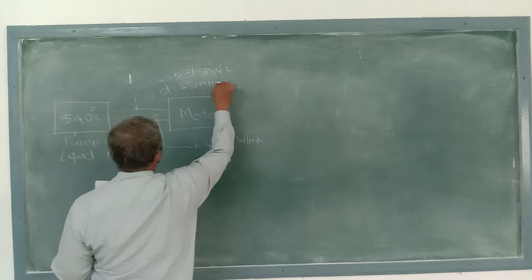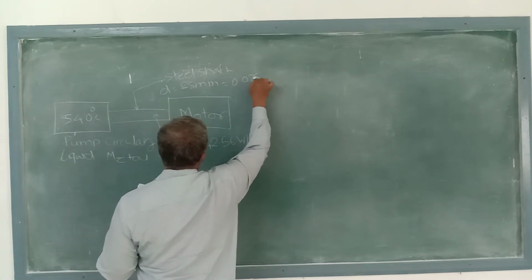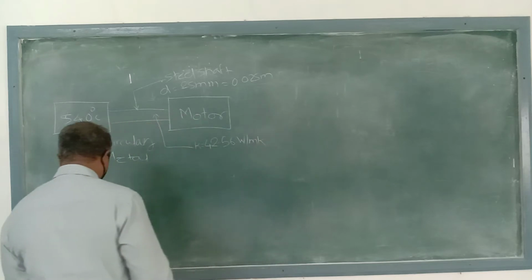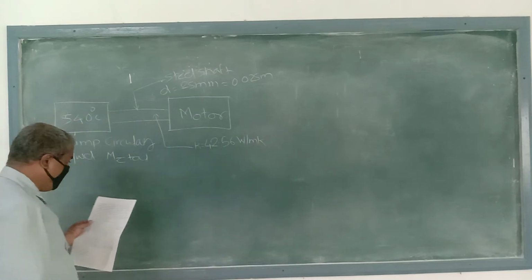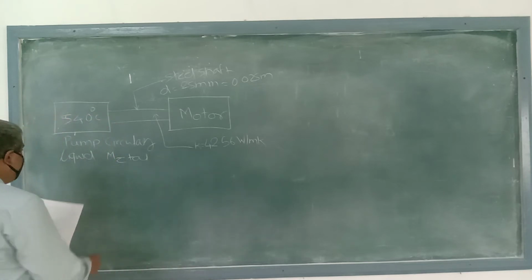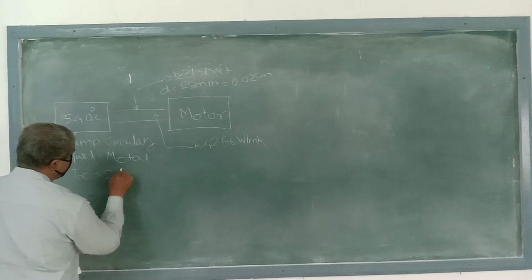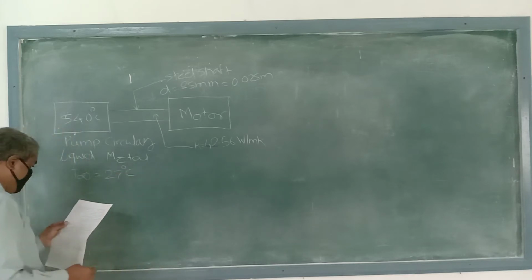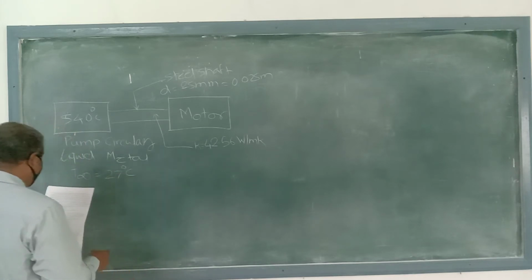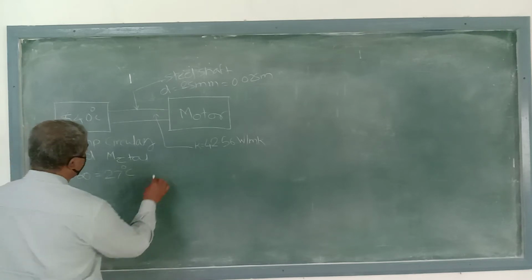We are going to convert this to 0.025 meter. Now they have given the atmospheric temperature, that is T infinity, is 27 degrees Celsius. Then conductivity we have written, diameter they have given.